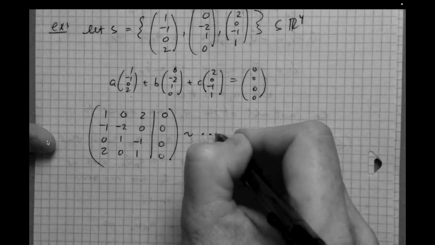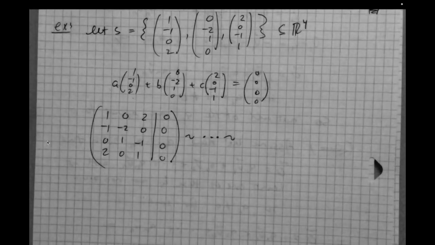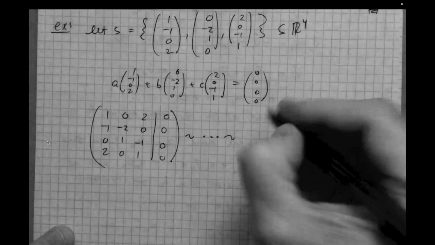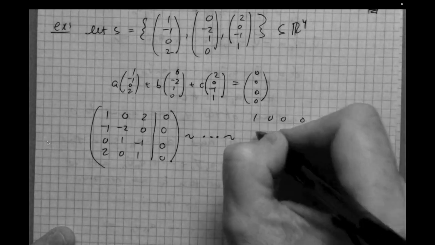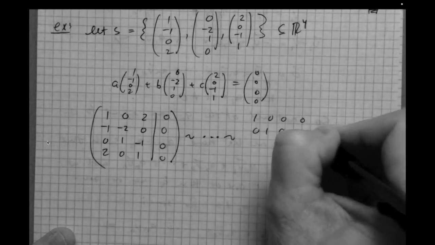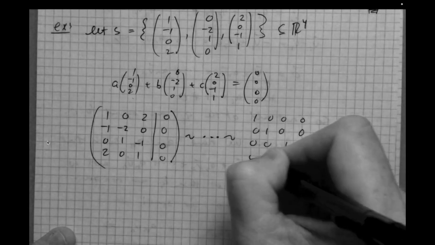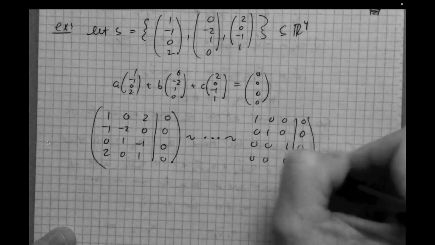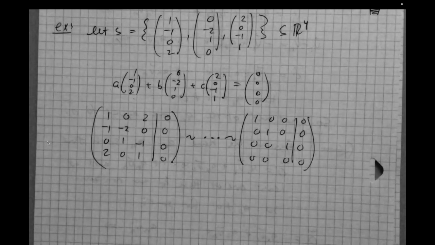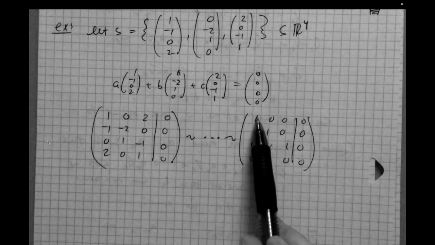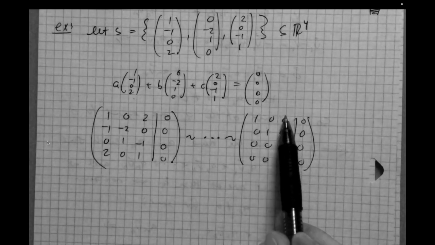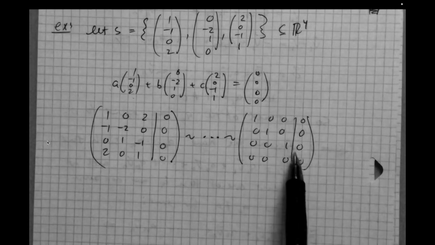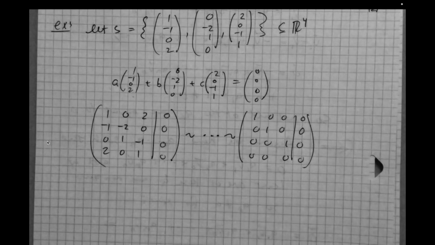Right, and you can pause the video, row reduce this, and when you do, you'll get 1, 0, 0, 0, 0, 1, 0, 0, 0, 0, 1, 0, and then all zeros at the bottom. Okay, and what does this imply? Well, here's your variable A, here's your variable B, here's your variable C, and A, B, C have to be 0.